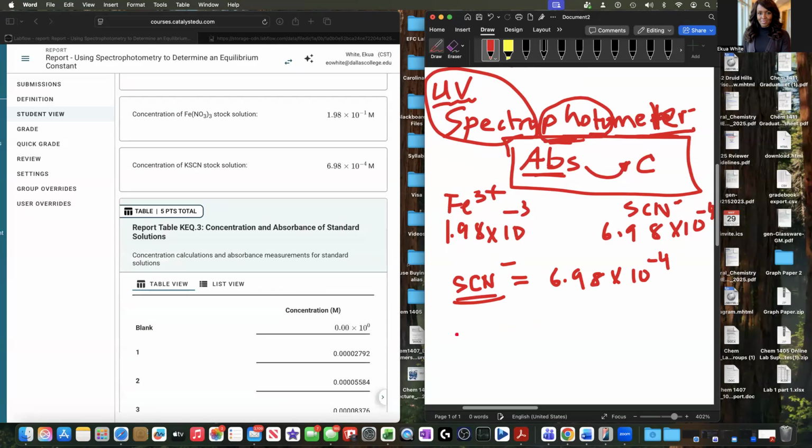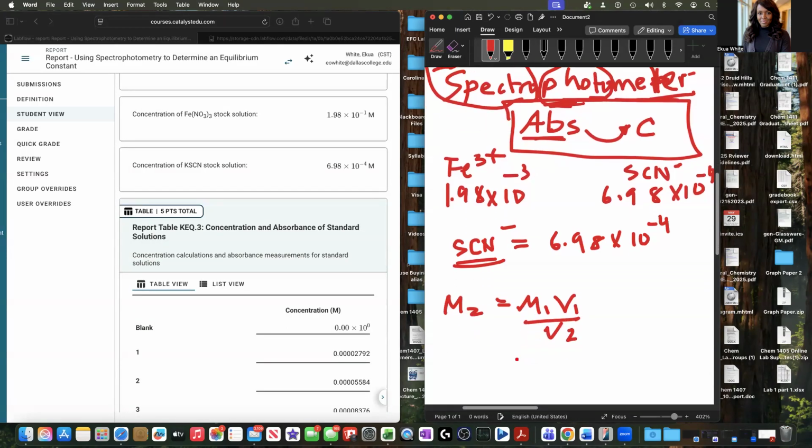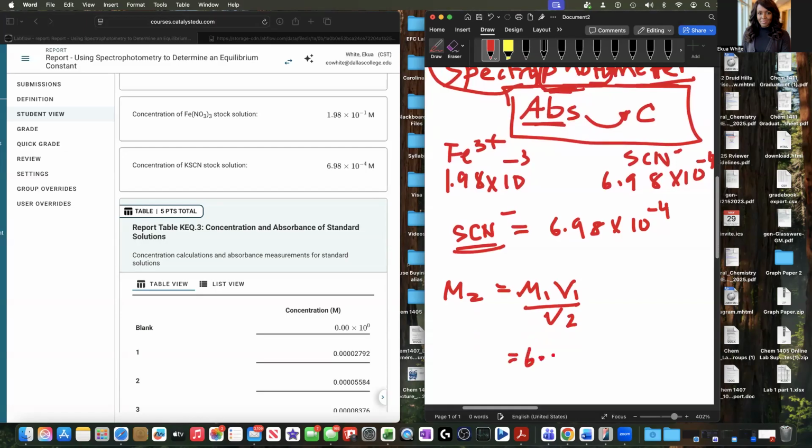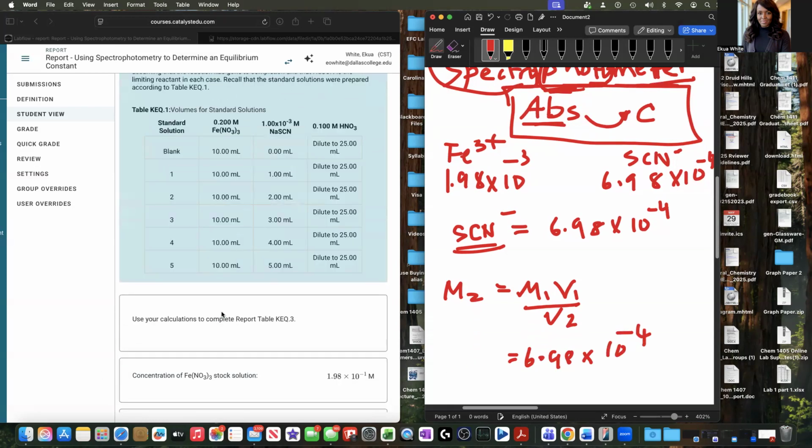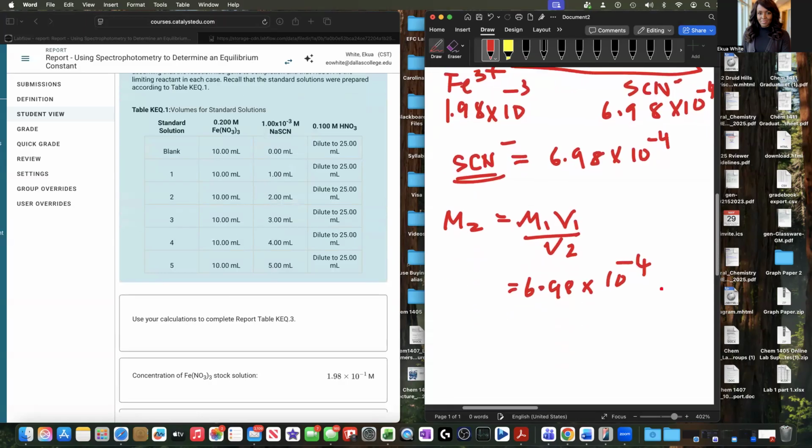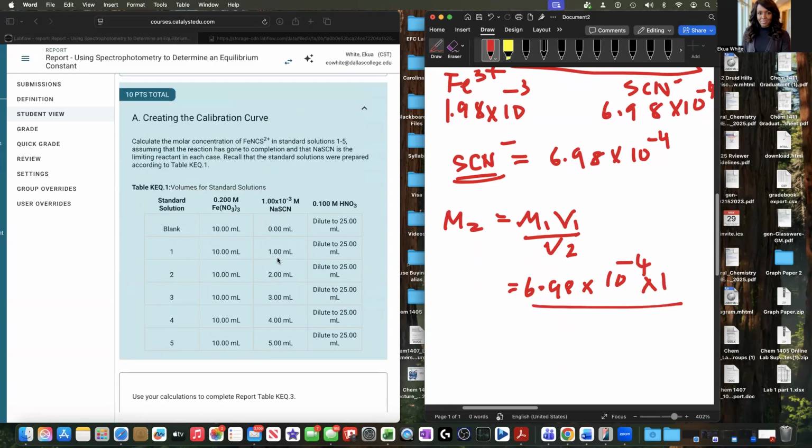So when you're doing your M1V1 to figure out the M2, M2 equals M1V1 divided by V2. So our initial concentration here is going to be 6.98 times 10 to the negative 4. Our initial volume, past the blank, I think from the table, was 1, right? So times 1 divided by 25, which is the total volume.